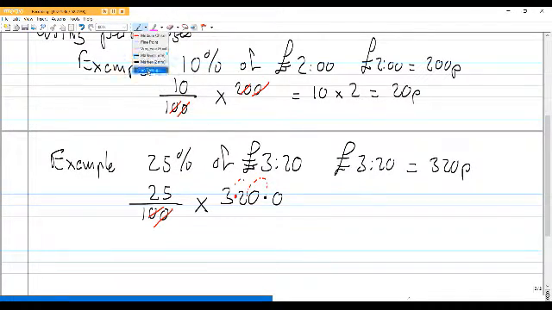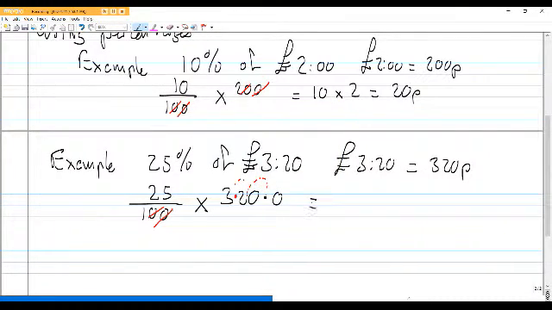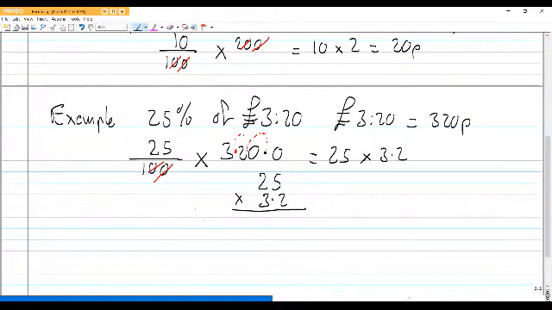So now then, it equals this. Let's just go back to black. It equals 25 times 3.2, which of course you can do in your calculator, but I'll do it using long multiplication because it's fairly straightforward and if you don't ever see long multiplication, you won't know what it is.